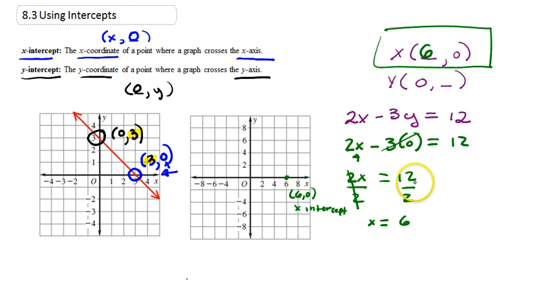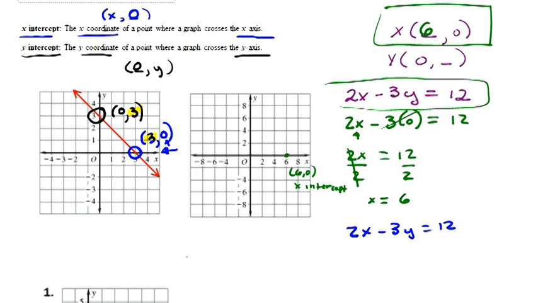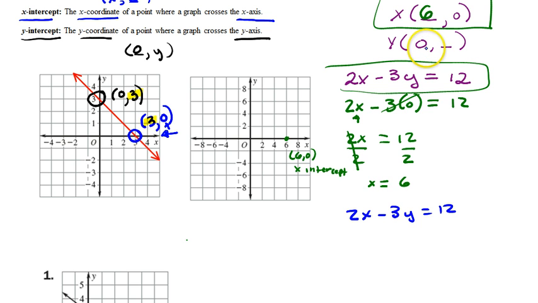Right, now let's find our y-intercept. We're going to take this original equation again. And this time we're going to substitute 0 for x. So 2 times 0 minus 3y equals negative 12.